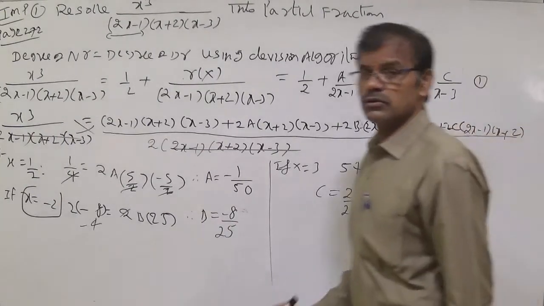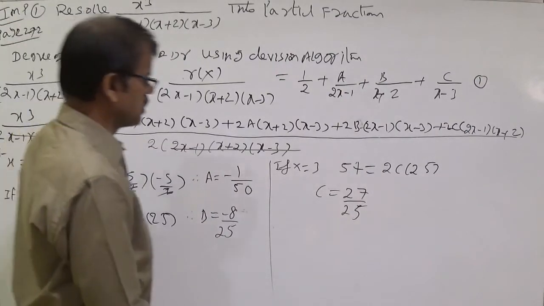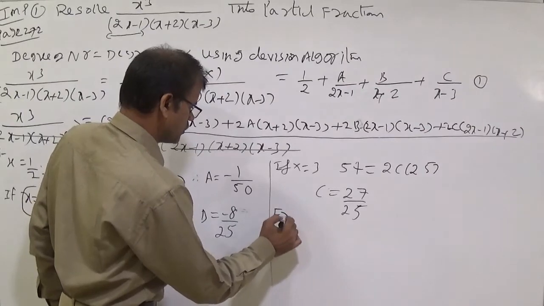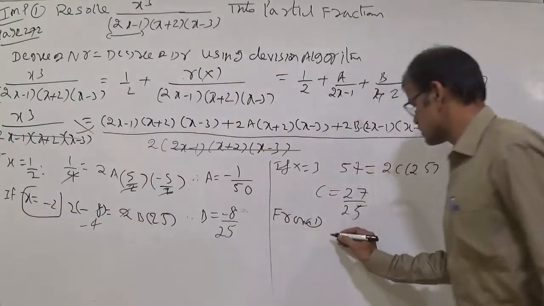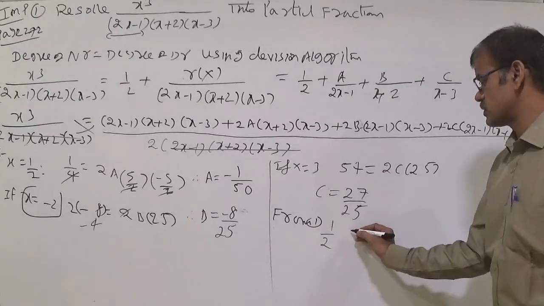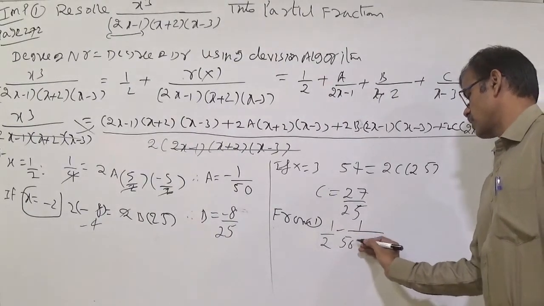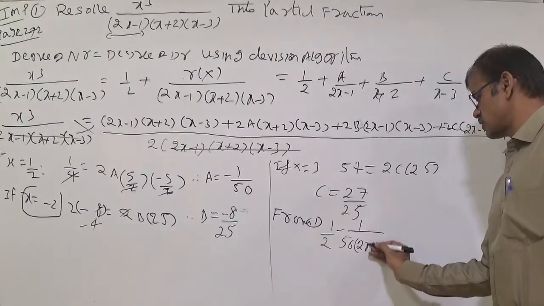We got the values a, b and c. So you can write here using 1, from 1 the values. The partial fraction becomes, first of all the constant 1 by 2 you should write, 1 by 2 plus what is the value of a, minus 1 by 50, minus 1 by 50 into 2x minus 1.